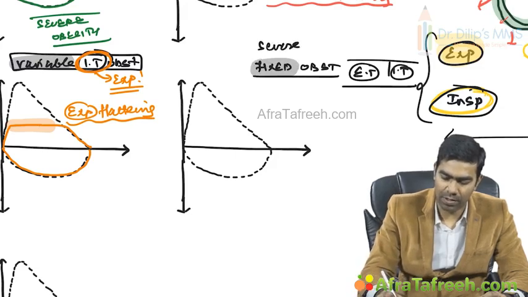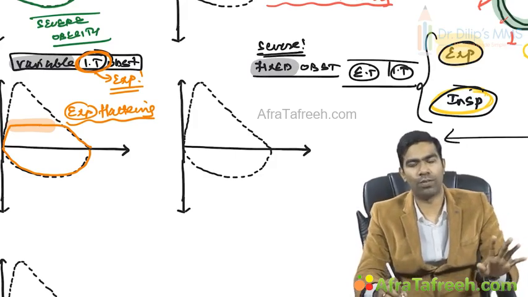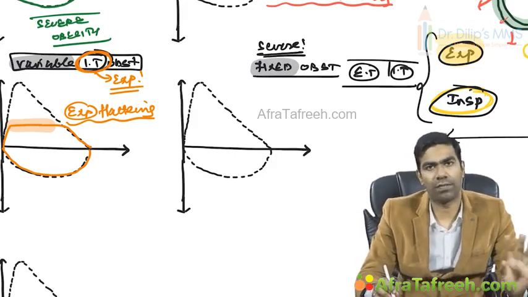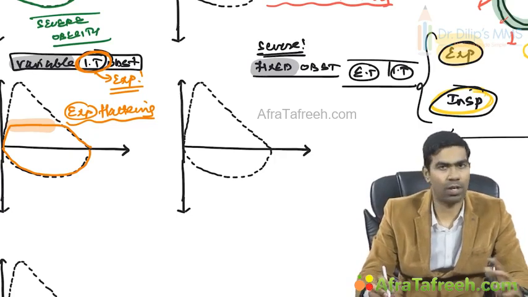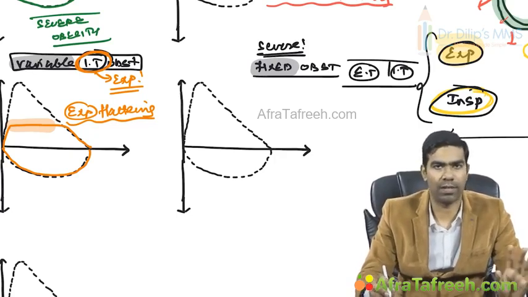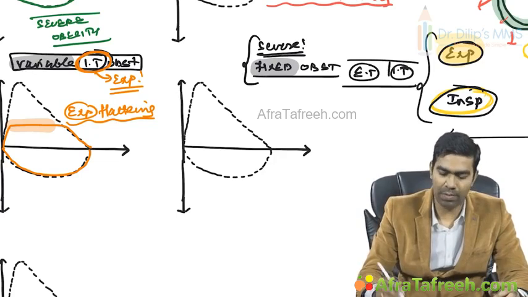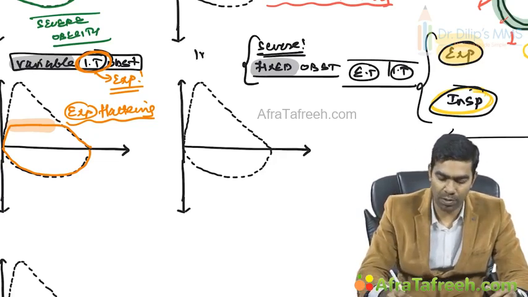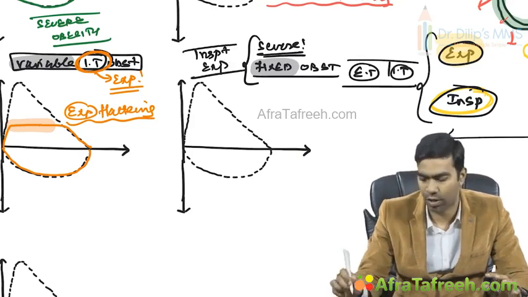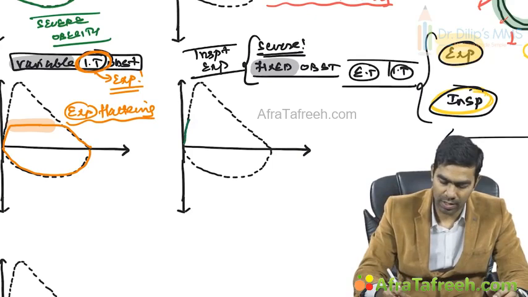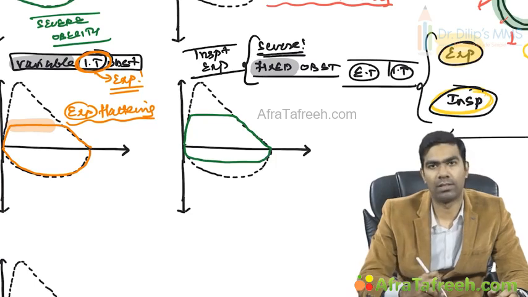Severe large airways obstruction, we are talking about large airways, already I told you. Whether intrathoracic or extrathoracic, it doesn't matter, the curve is going to behave in the same way. The moment it becomes fixed and severe, the problem is going to be during both inspiration and expiration, and these phasic variations during respiration will all be lost. Which means you are going to get a curve something like this.